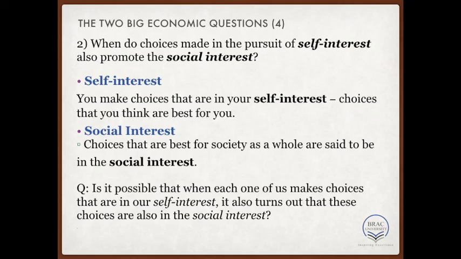However, there are also areas in which social interest and self-interest come into conflict. You'll discover principles that help economists to figure out when the social interest is being served and when it is not. And if so, then what might be done? Think it like this.